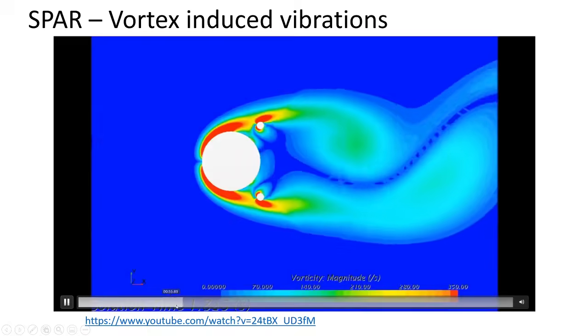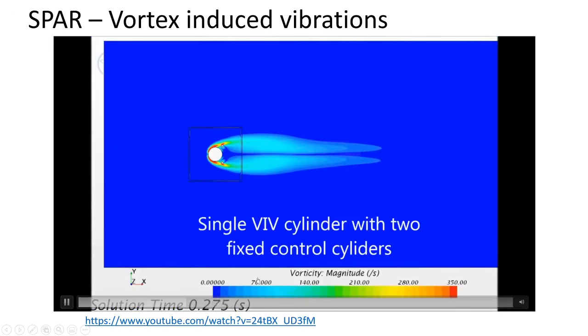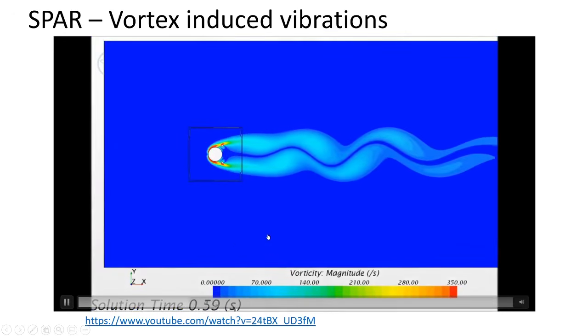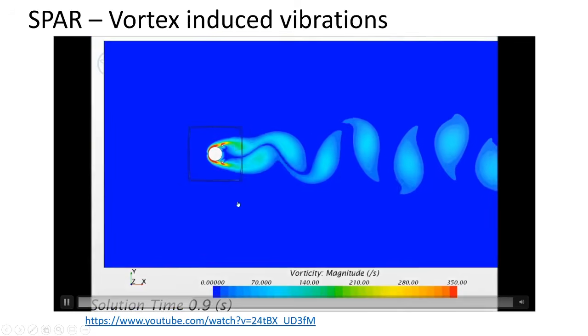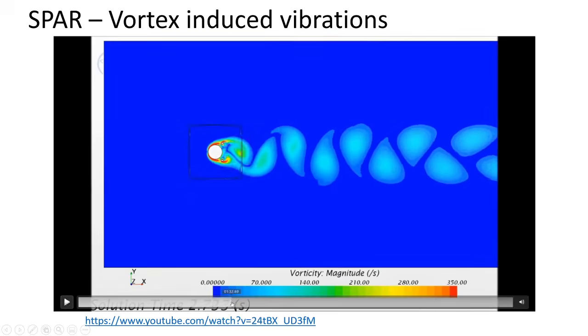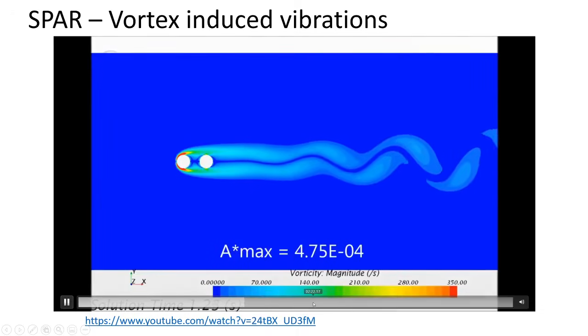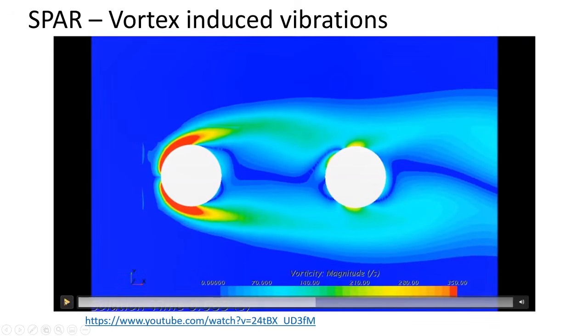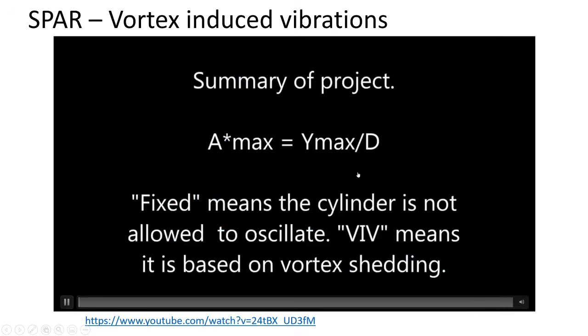And when you allow movement, okay, this is vortex induced vibration, VIV. So you see that you actually cause movement in the cylinder, which you don't want to have. Here is another example of two. The same thing is with piles, with other things, with chimneys that have that shape.